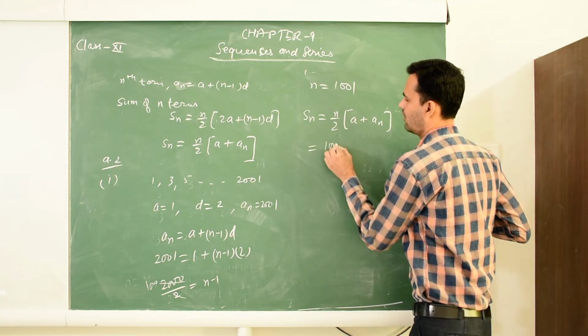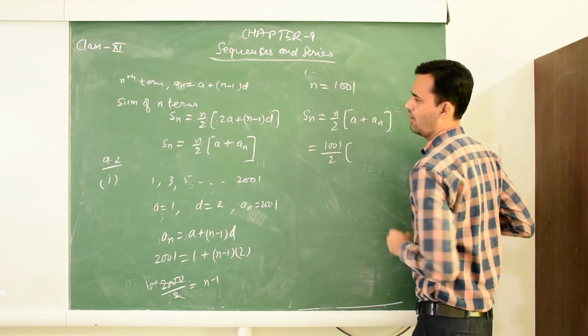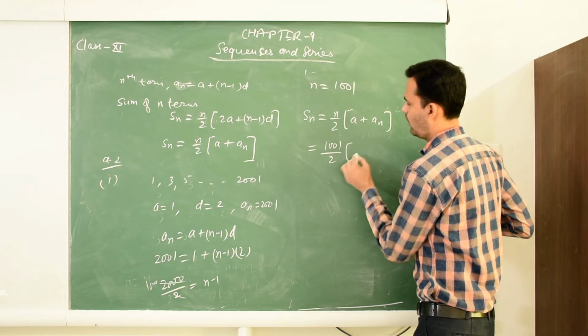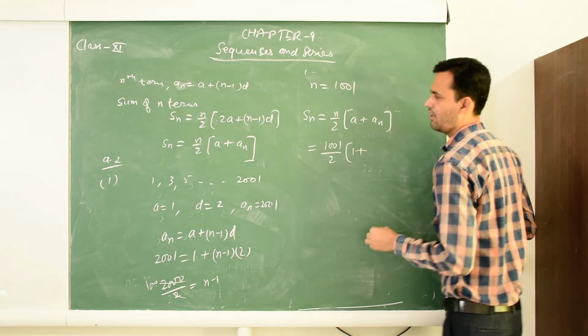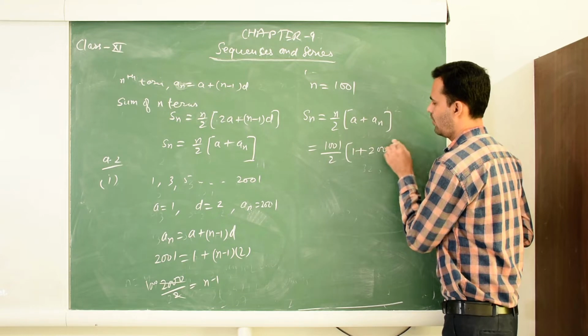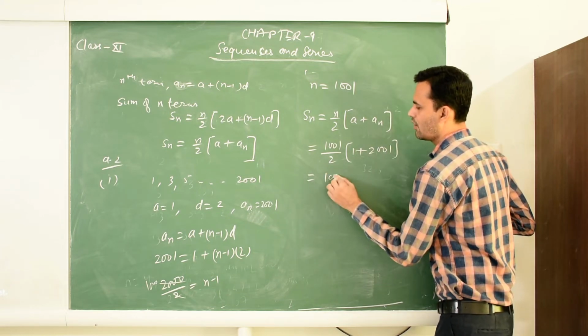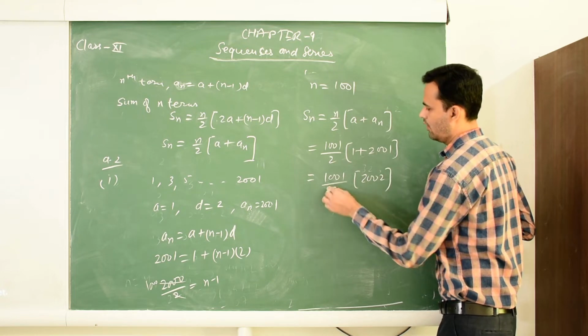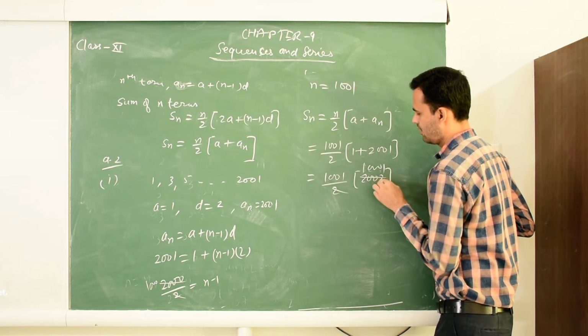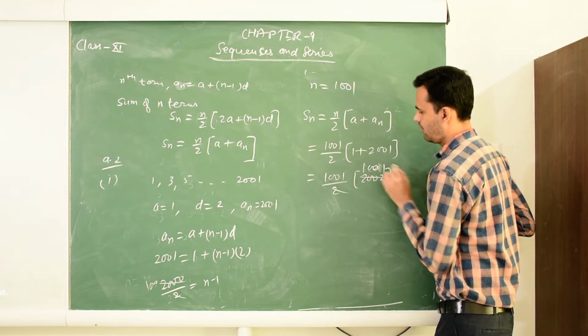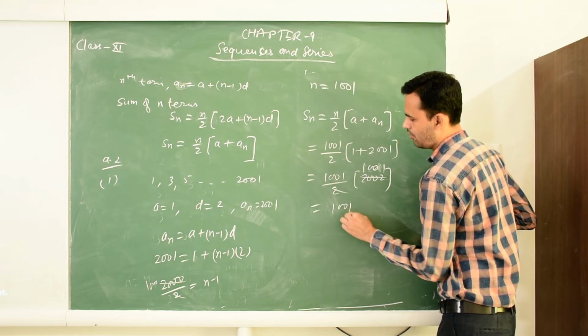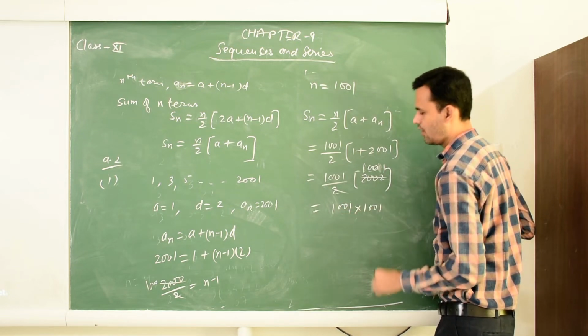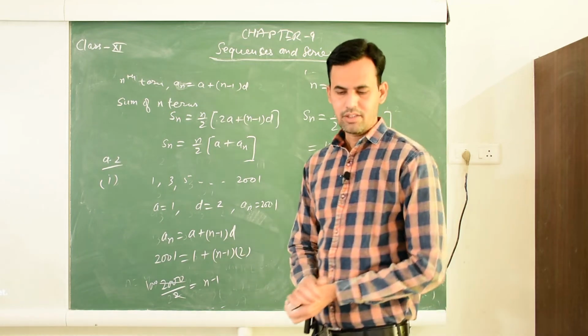N is 1001 by 2, the value of a is 1 and the value of an is 2001. So 1001 by 2 into 2002. If we cancel, we get 1001. So you can multiply 1001 into 1001, and you can get the answer.